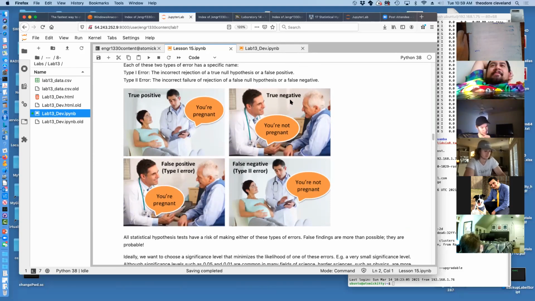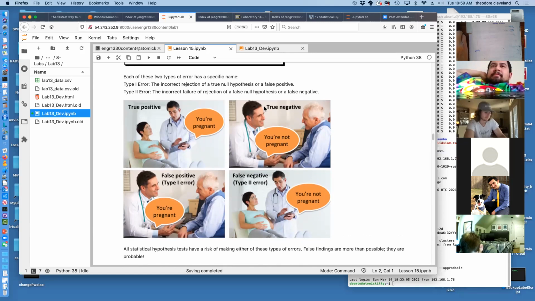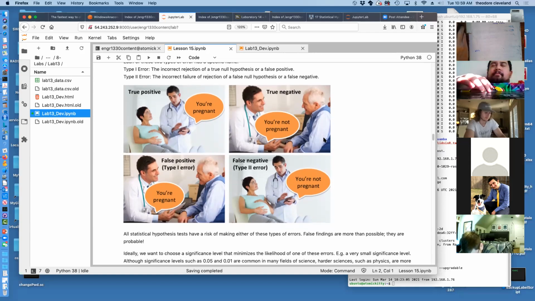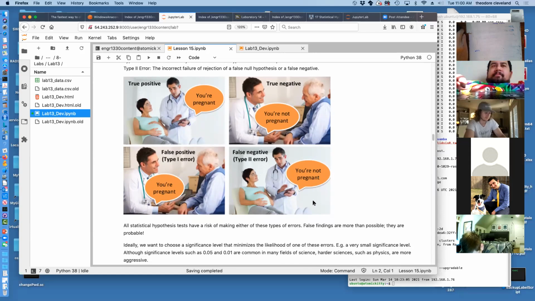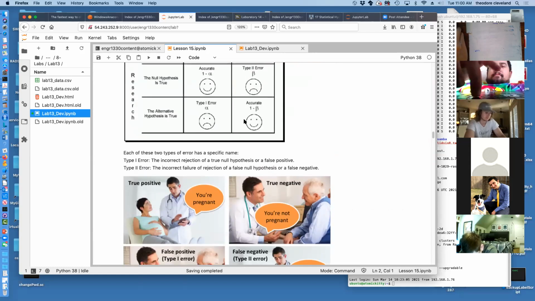The true negative is the beta factor. So beta percentile, the doctor will conclude that the elderly gentleman is not pregnant. And 1 minus beta times, he will look at the clearly pregnant woman and go, you're not pregnant. And that is a picture to explain these categories here.